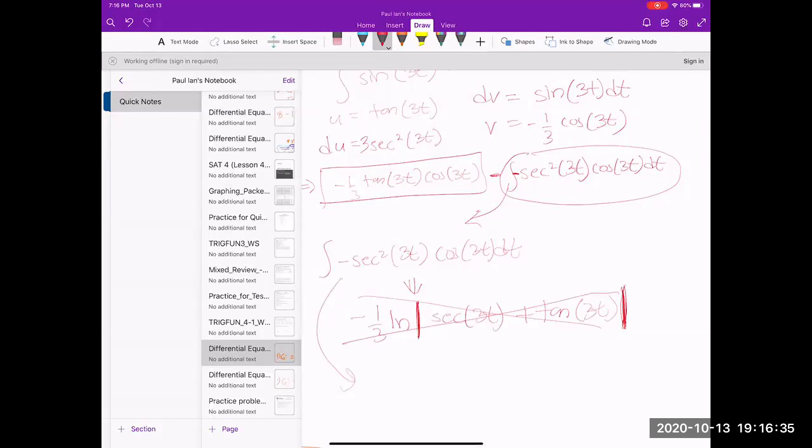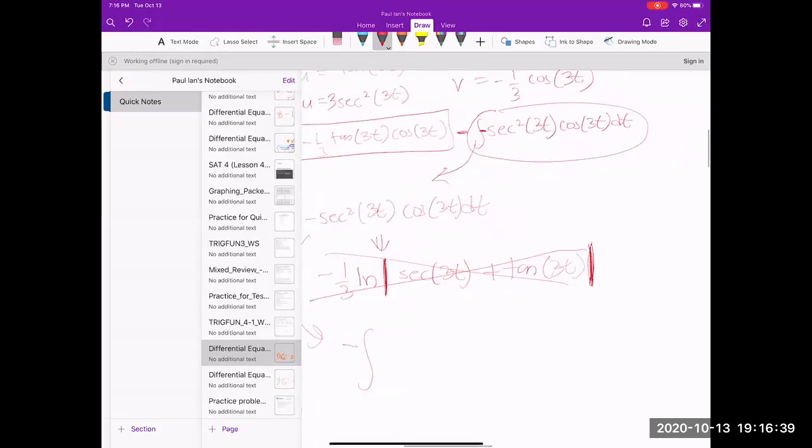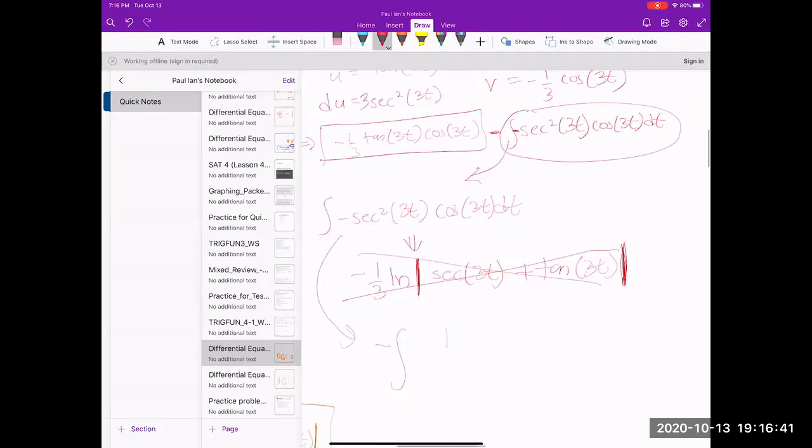The secant squared can be expressed in terms of cosine: 1 over cosine squared, right? Cosine 3t, this whole thing is squared, and then times cosine 3t. You see something going on? These can cancel, right?